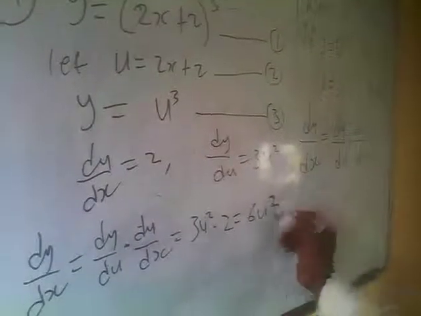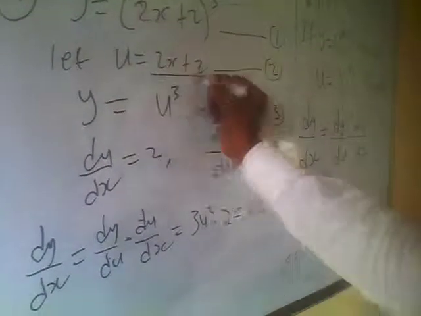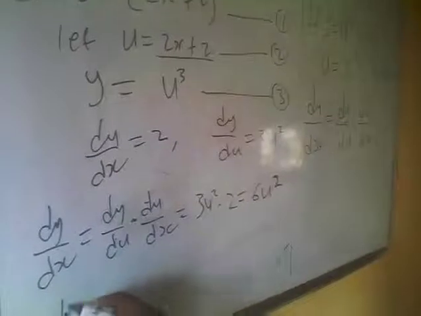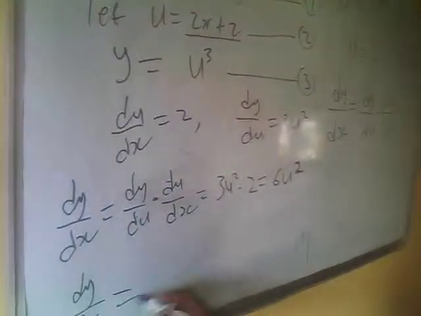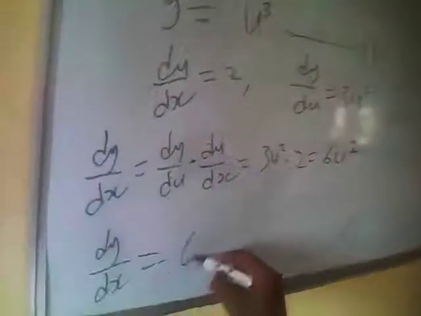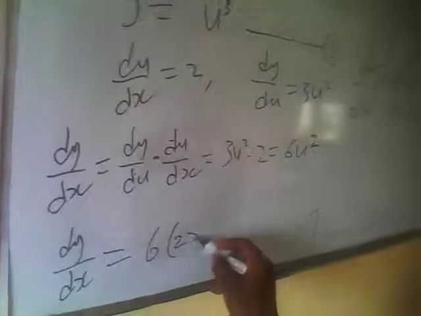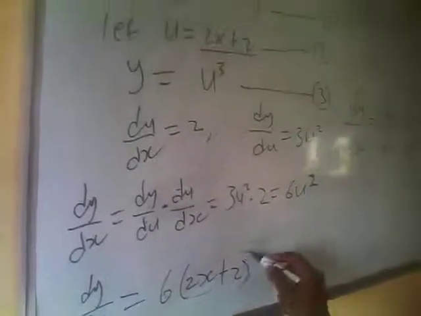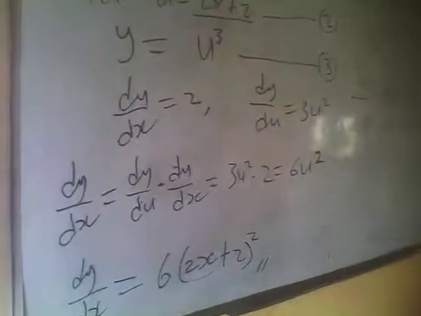Recall that our u is 2x + 2. So dy/dx will be equal to 6(2x + 2) squared. That is the derivative of this function.